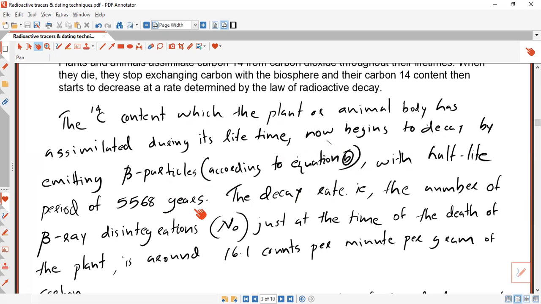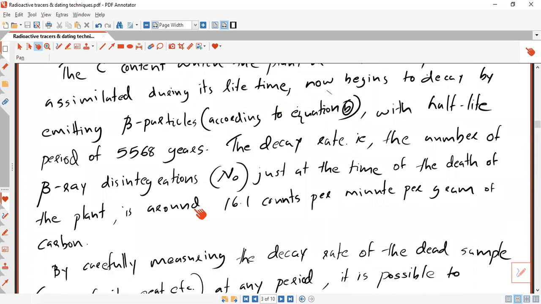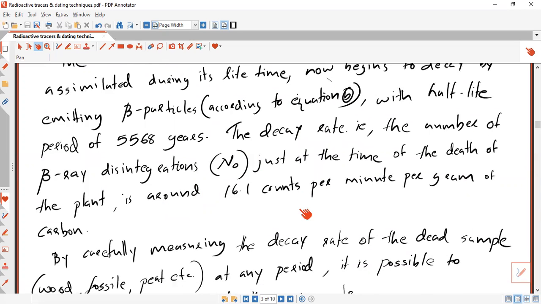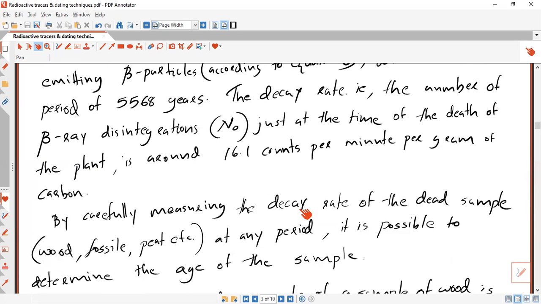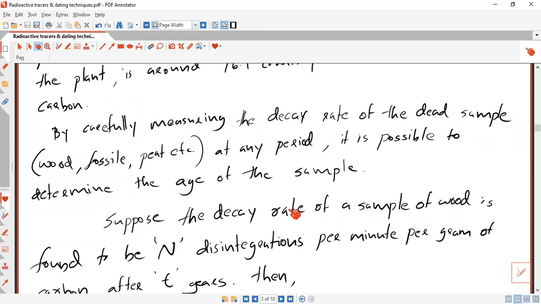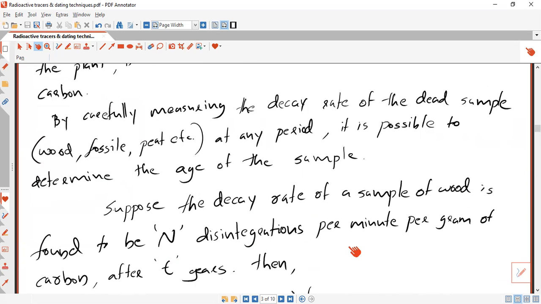The decay rate, that is the number of beta disintegrations, N0, just at the time of death of the plant is around 16.1 counts per minute per gram of carbon. By carefully measuring the decay rate of the dead sample at any period, it is possible to determine the age of the sample. Suppose the decay rate of a sample of wood is found to be N disintegrations per minute per gram after T years.